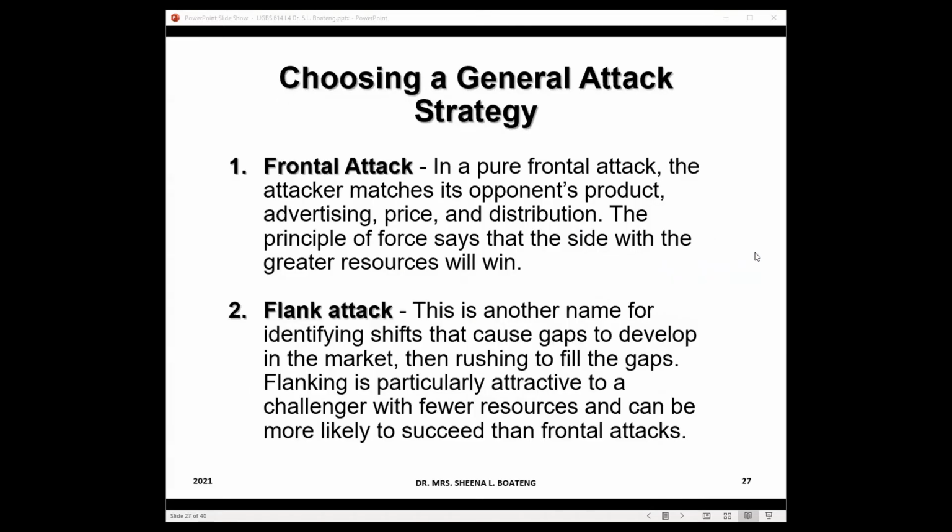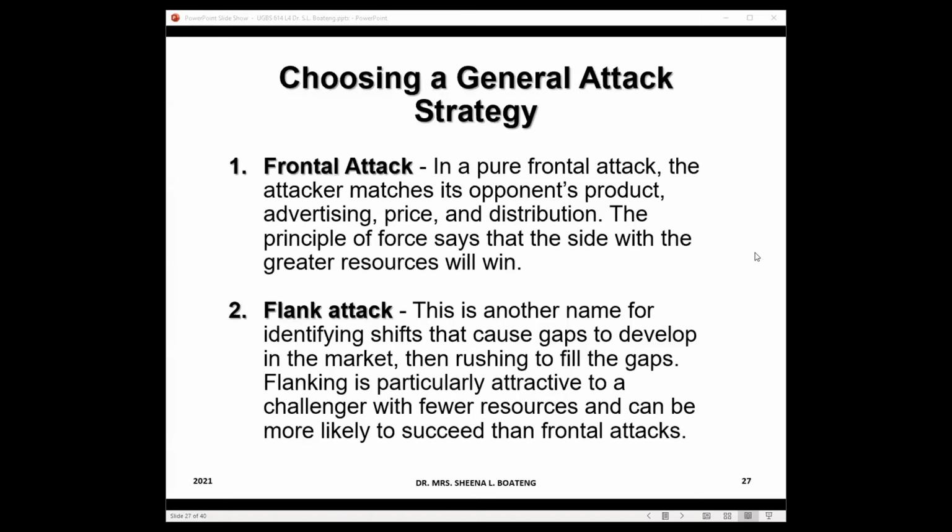So in a pure frontal attack, the market challenger would usually match its opponent's products, advertising, pricing, and distribution boot for boot. And the principle here is to be able to use all the resources available to enhance these elements of the marketing mix to ensure that they do it better than the opponent to be able to win.